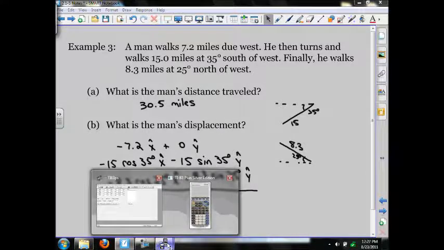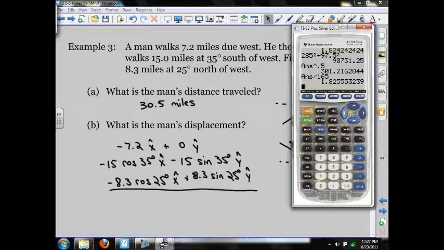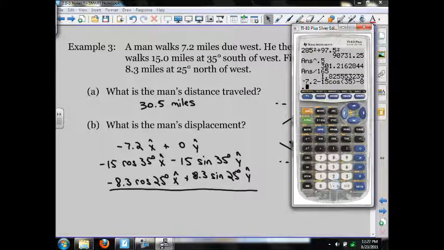So we've got negative 7.2 minus 15 cosine 35 minus 8.3 cosine 25.